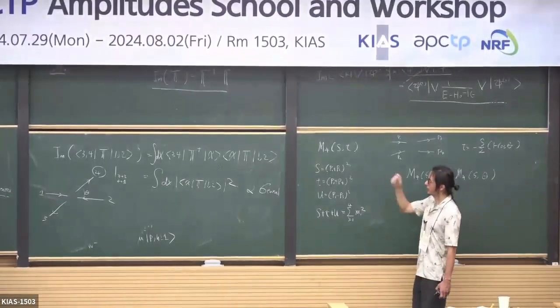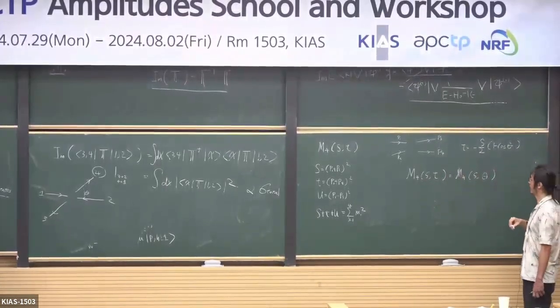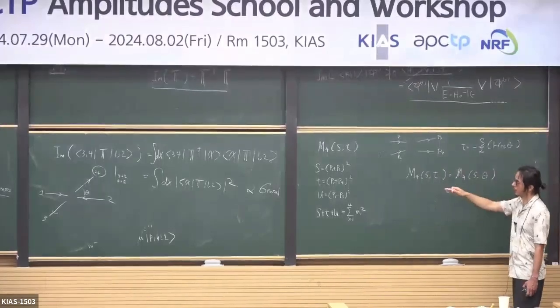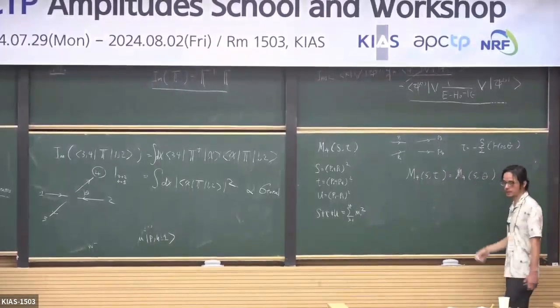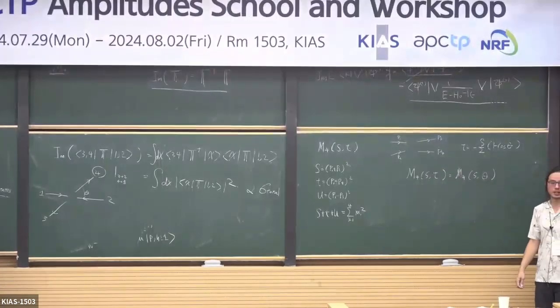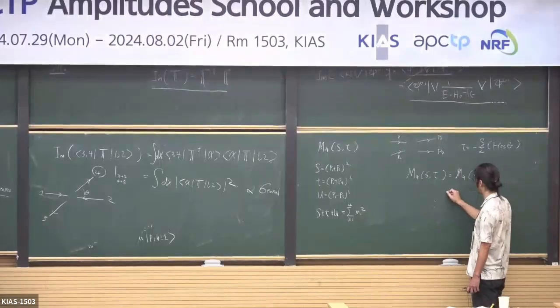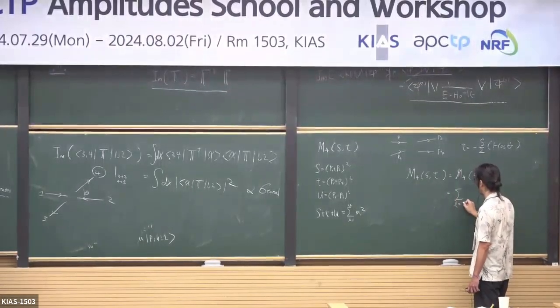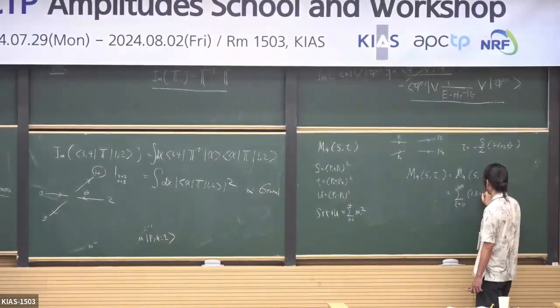From our previous discussion of quantum mechanics, and since we're talking about a Lorentz invariant scattering amplitude, rotation invariance is obviously a subgroup of Lorentz invariance. So this function has a natural expansion in terms of partial waves, with 2L plus 1, and the partial wave amplitude.